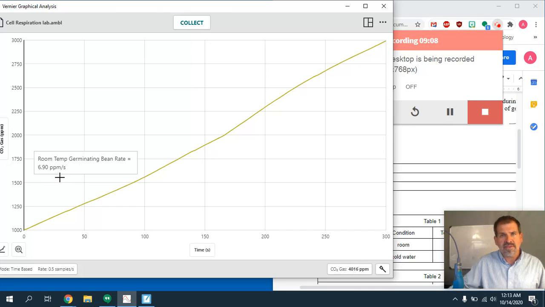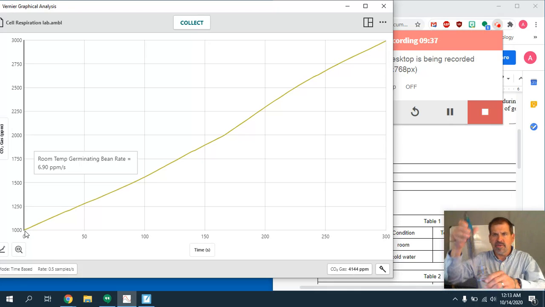So what this is telling us is that every second, the amount of CO2 that was available went up by 6.9 parts per million per second. So every second there was almost 7 parts per million more particles of CO2. So clearly we see that germinating beans do go through cell respiration.